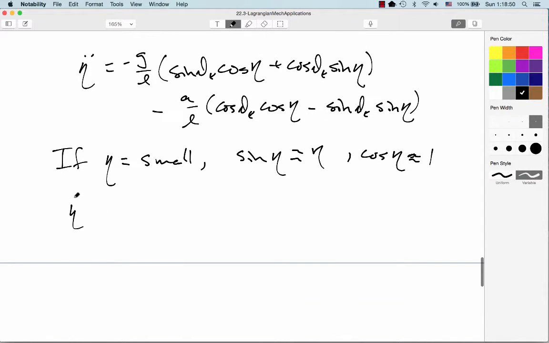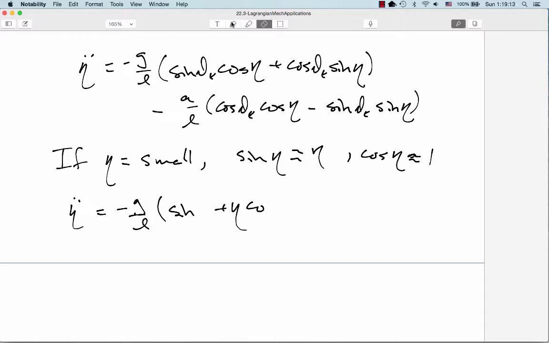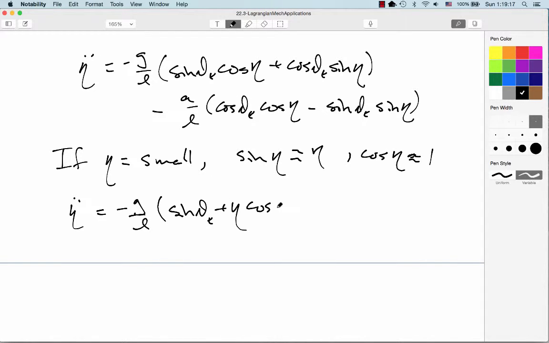So eta double dot becomes minus g over L times sine theta equilibrium, cosine eta being 1, plus eta cos theta equilibrium, minus a over L times cos theta equilibrium, since cosine eta is just 1, minus eta sine theta equilibrium, since the sine of eta gives just an eta.